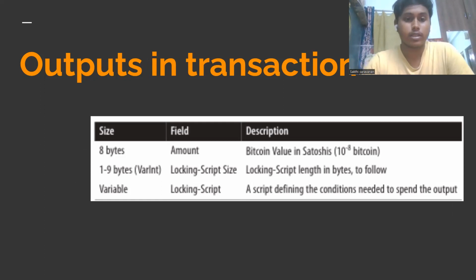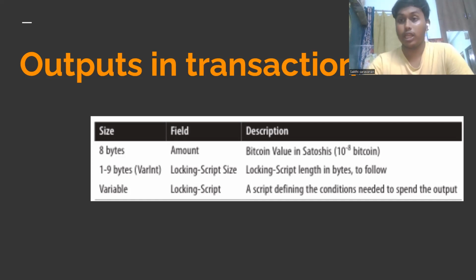This data structure says how much Bitcoin exists with this UTXO. The second one is the constraint, a script defining the conditions that need to be met to spend this output. These two are the only parts of the output data structure, and they can be used by the owner anytime they want.